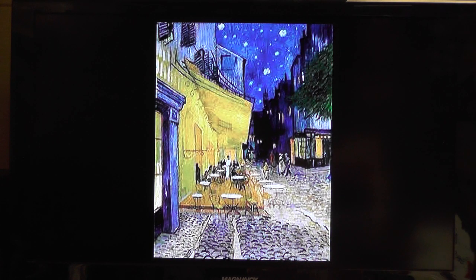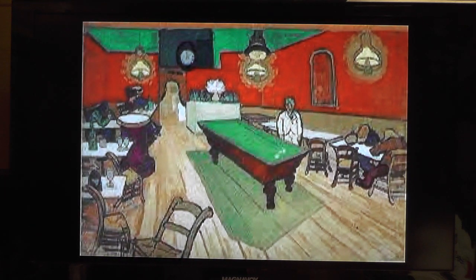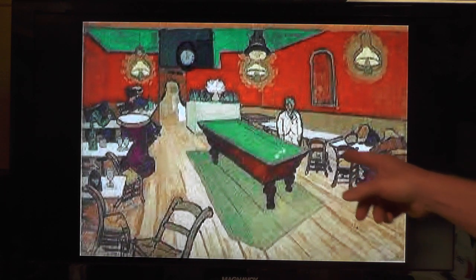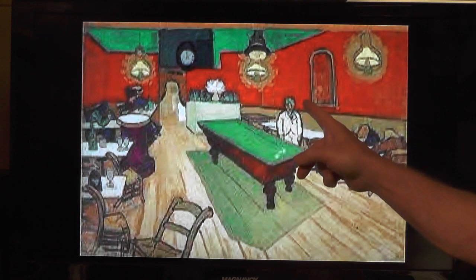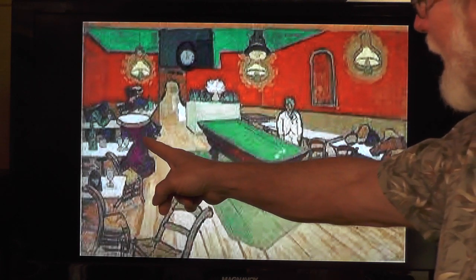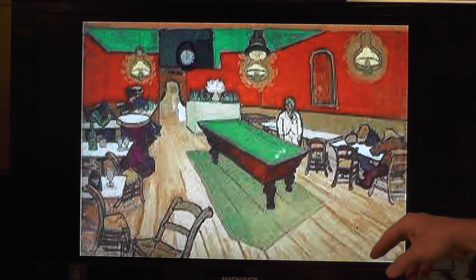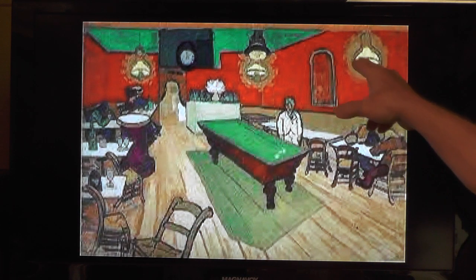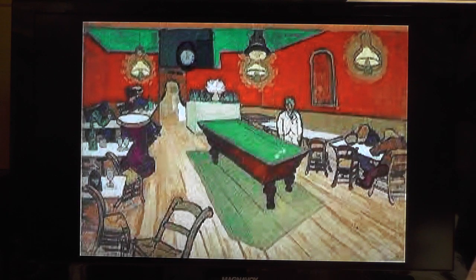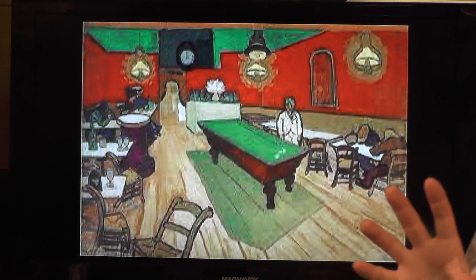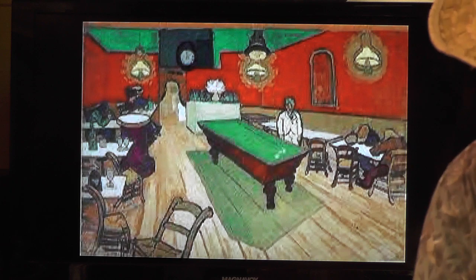Okay, and the next, here's another Vincent van Gogh one of a pool room where you have green and red, and you have violet and yellow, and then you're going to have a little bit of blue and orange. So there's a lot of opposites going on here, complementary colors.